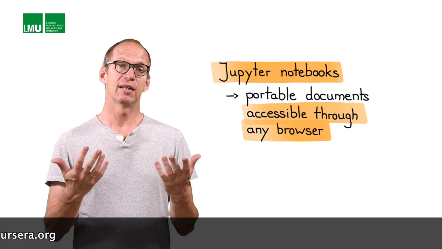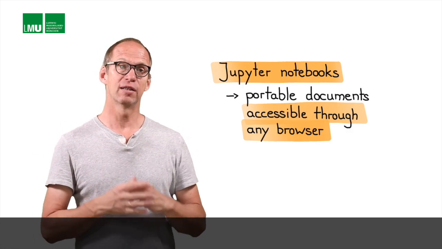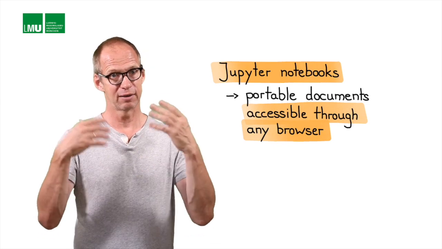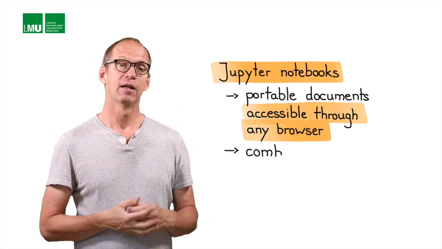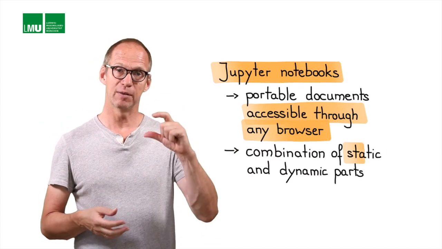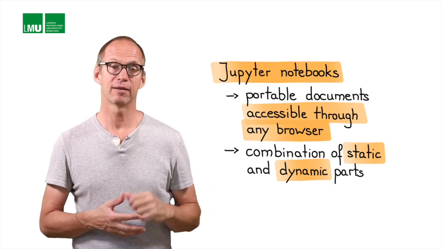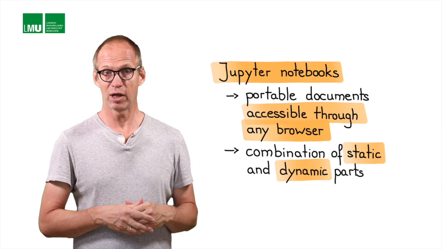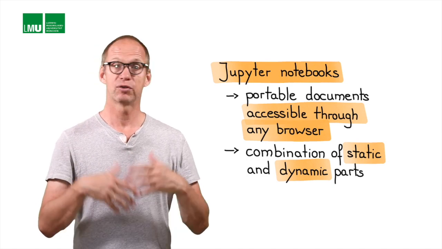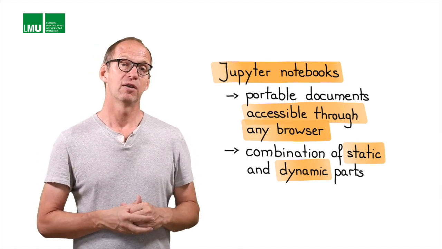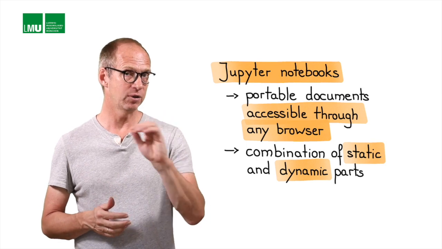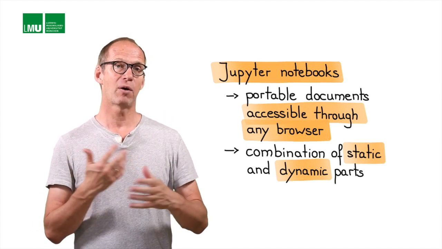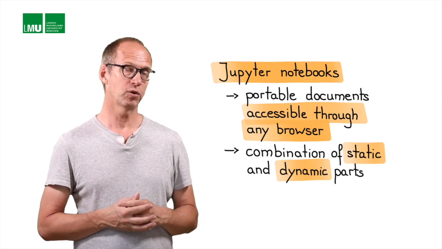And they are basically alive in the sense that you can combine static aspects of a document like text and graphs with dynamic aspects, meaning, for example, Python programming parts that can be run and change their output, for example, graphs. So I would again invite you to spend a little time investigating the power of these Jupyter notebooks.